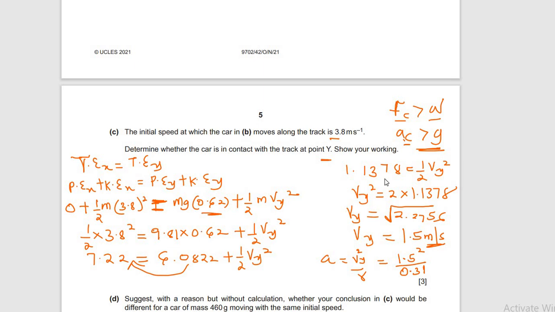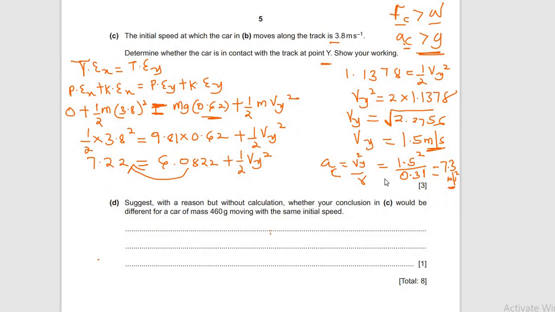So 1.5 squared divided by 0.31 will give us 7.3 meters per second squared. This is the centripetal acceleration, which is less than g, 9.81.